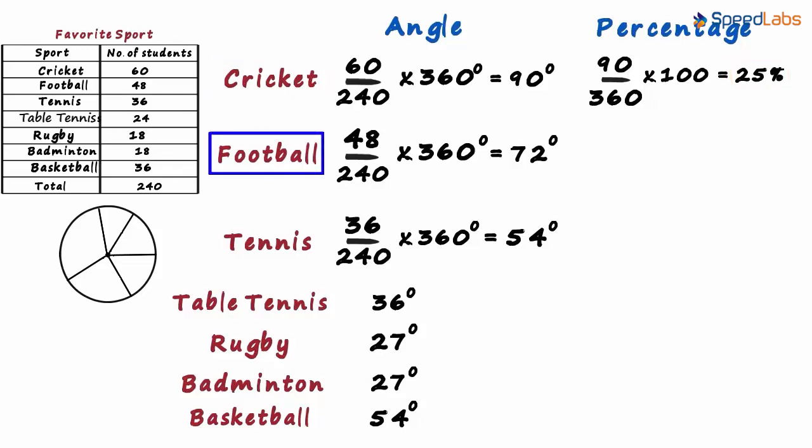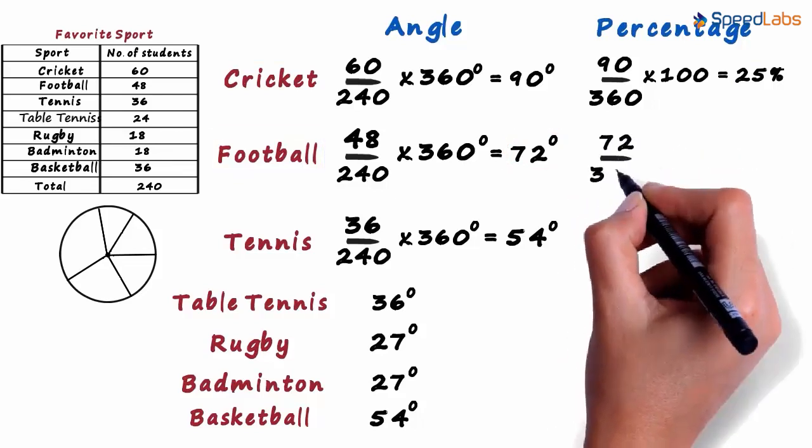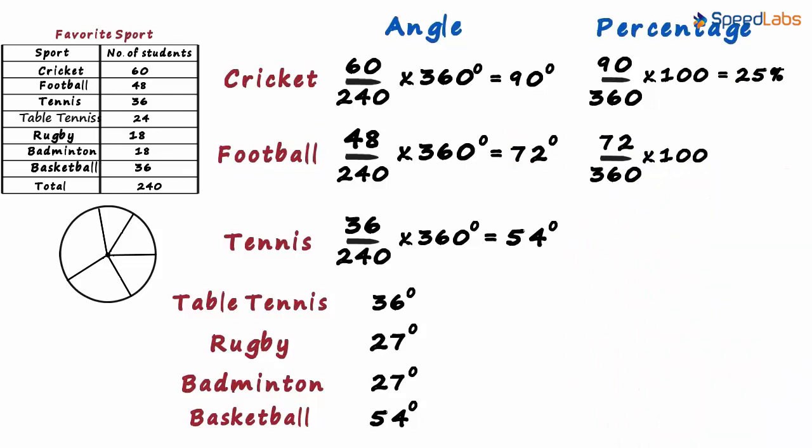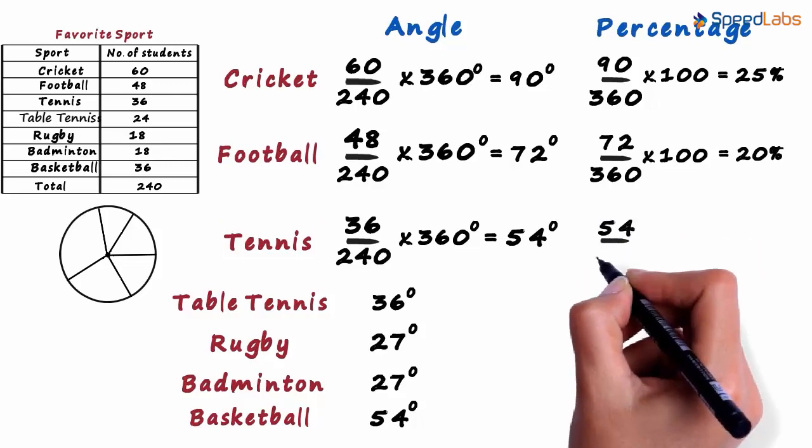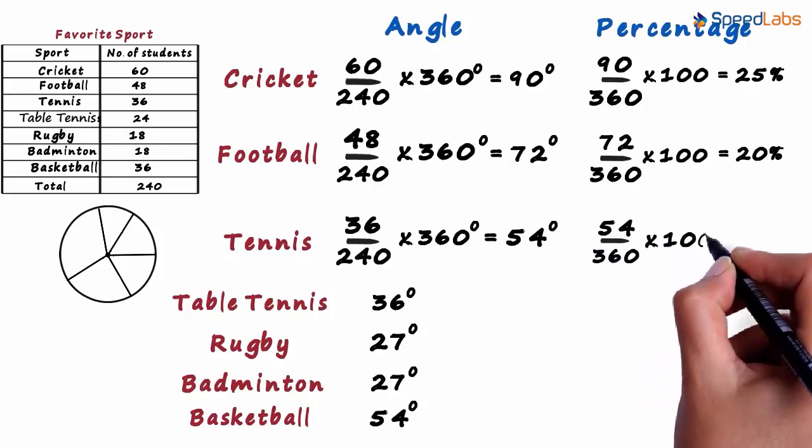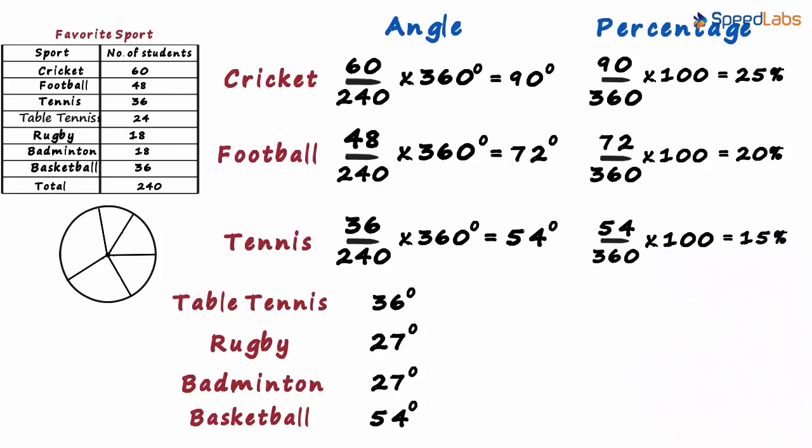What about football? As football represents 72 degrees, its percentage would be 72 by 360 multiplied by 100, and that equals 20%. 20% of the class says that football is their favorite sport. Similarly, the percentage for tennis would be 54 by 360 multiplied by 100, which is 15%.